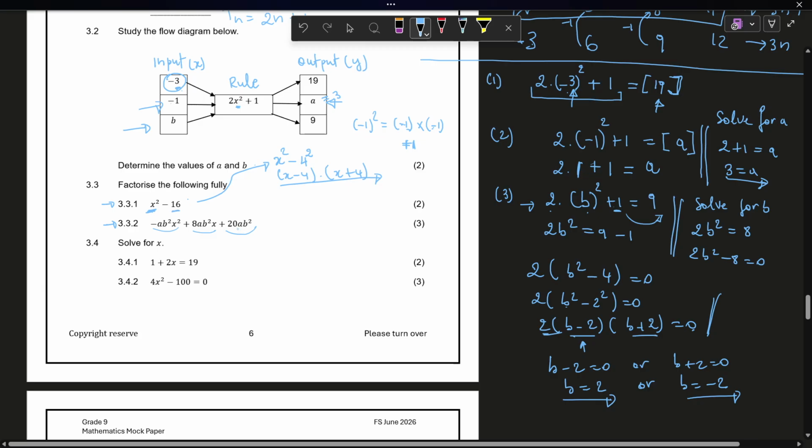Are there factors that are common? Well, I can factorize out minus. What about any number? Here I've got 1, here I've got 8, here I've got 20. So the common factor is 1, so I don't need to really write 1. What about b? Yes, I've got b squared and b.